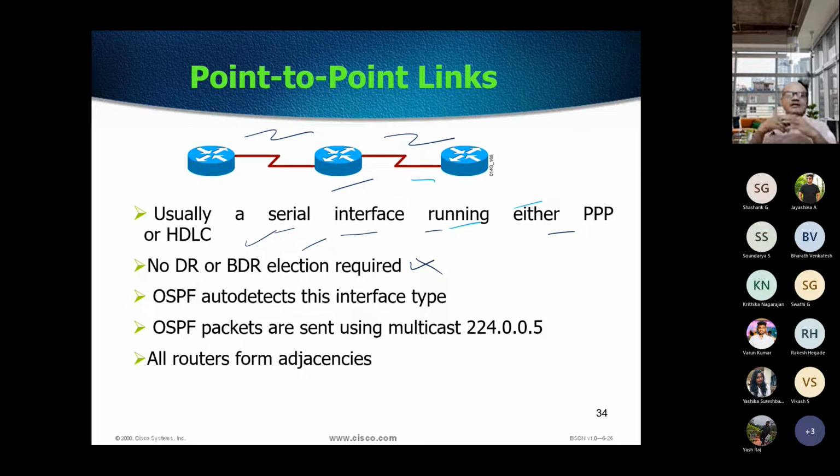Directly connected, it is not required. OSPF auto detects its interface type. Your OSPF has the capability, especially with the shortest path algorithm, to detect what kind of interface it is. If you see such a link symbol, this is your serial, guys. Always remember. This is also serial.